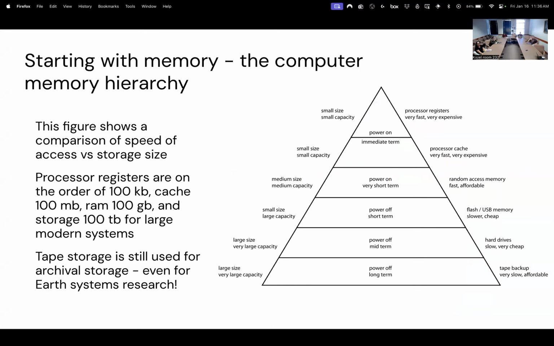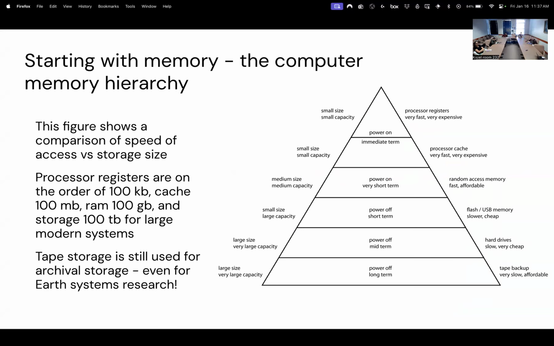So this sort of shows what's called the memory hierarchy, and with all of this, it's trade-offs between speed of access and storage size, also cost to a certain extent or to a large extent. I'll give you some numbers in the next slide.